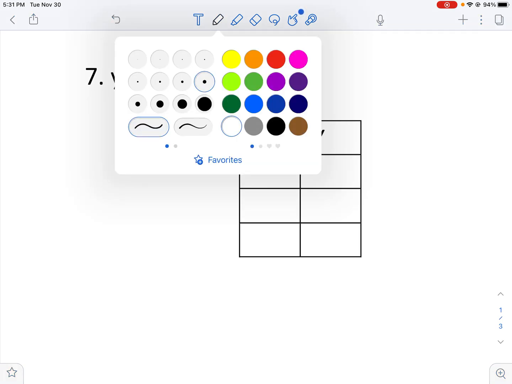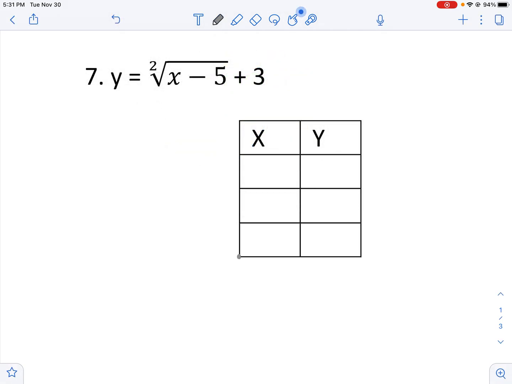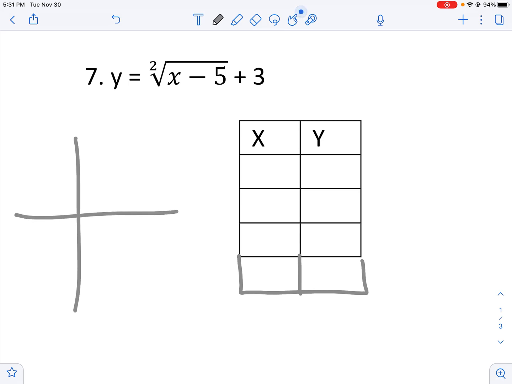Well, first, I should maybe add an extra row just to be safe. I should consider what my radical function looks like. It looks something like this, or if a were negative, like this. And you can transform it.